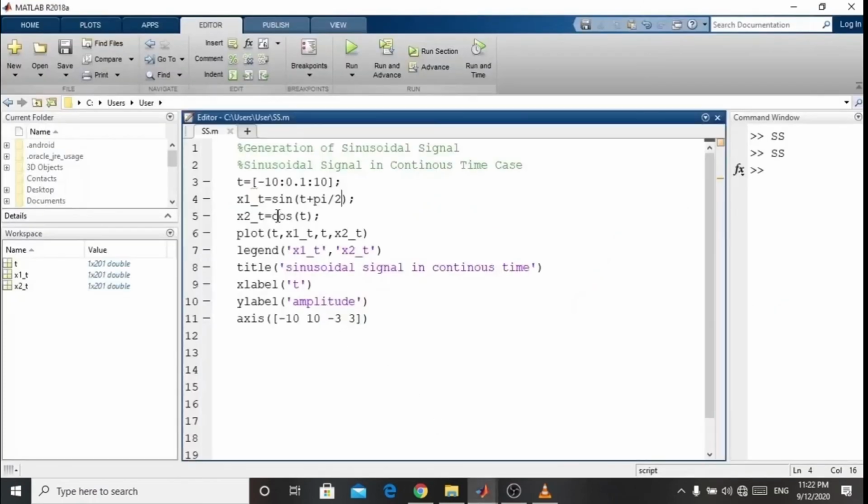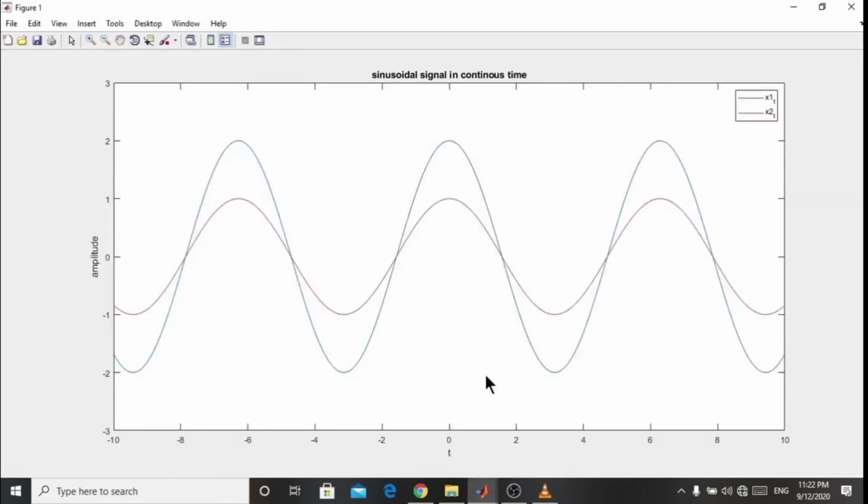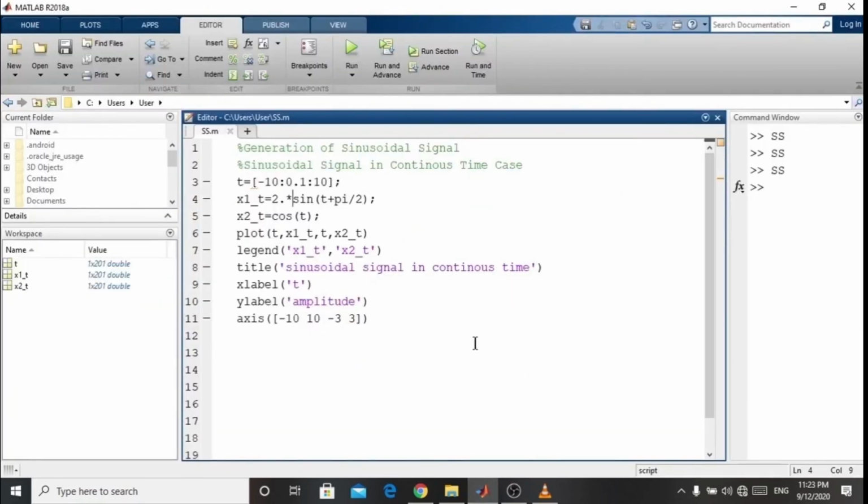For understanding, I will increase the amplitude of x1 of t. Then you can see that initially it was not there because it is under x2 of t. Now I increase the amplitude, you can see x1 of t and x2 of t. From this we can conclude that sine of t plus pi by 2 is equal to cos of t. That you know.